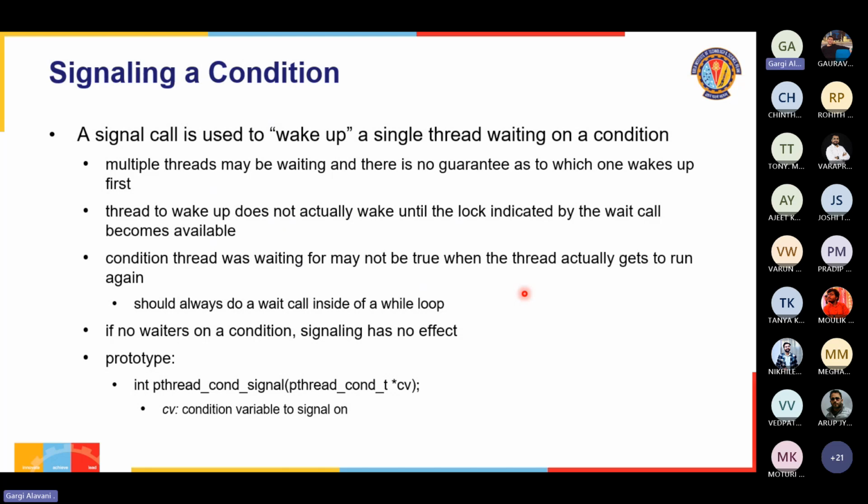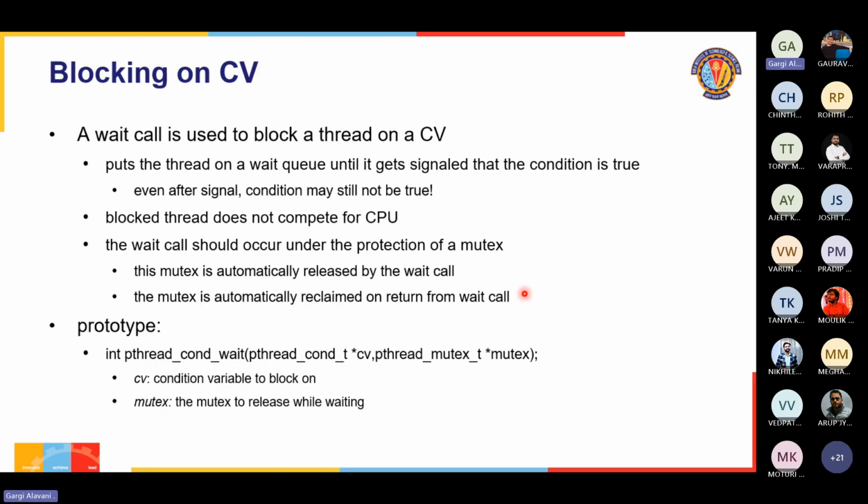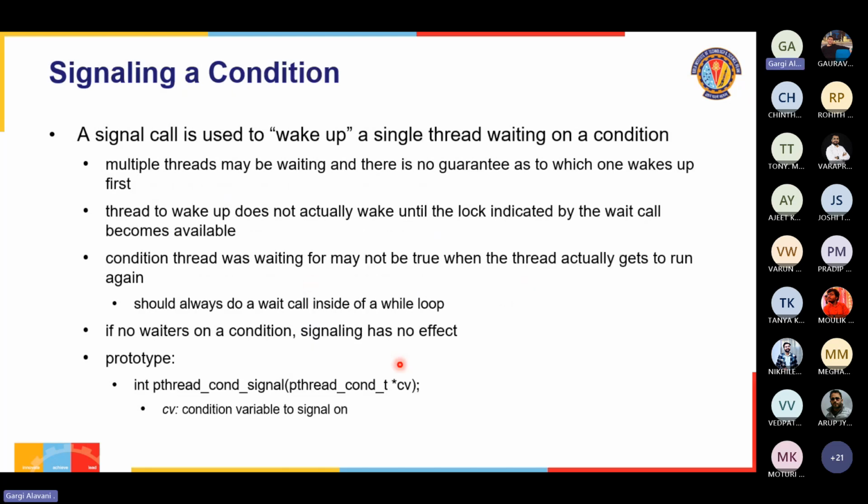Now, a signal call is used. The first one is wait. Now the waiting thread will have to be told that the condition is now clear, that whatever it is waiting on is now true or false. Then we have to call the signal function. Signal is basically like a wake-up call to the thread which is waiting for some condition to happen.